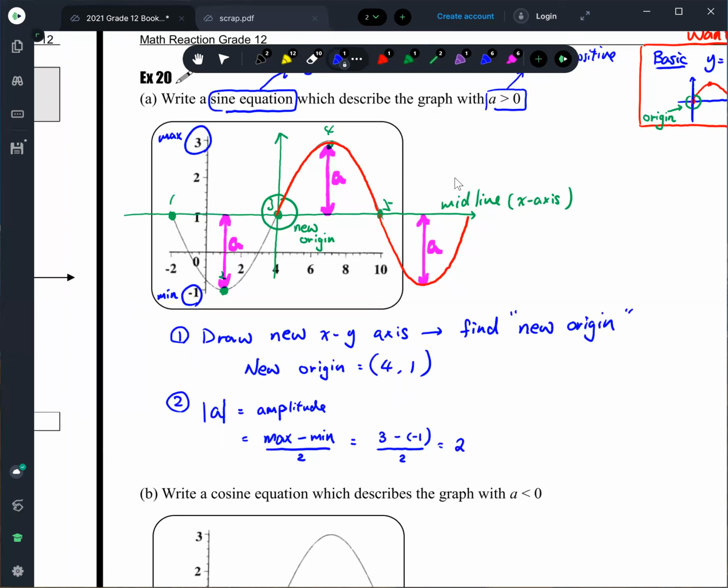Okay, next part is to find the value for B. B has to do with what? What do we use B to find? Evan?